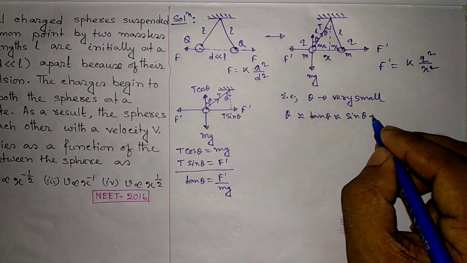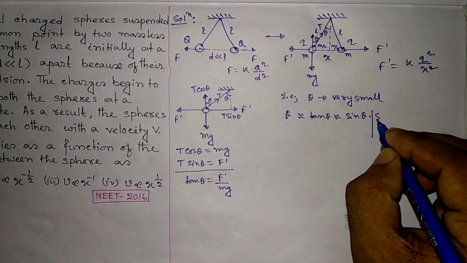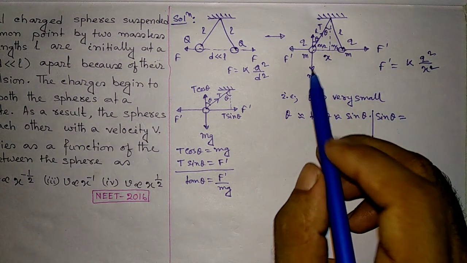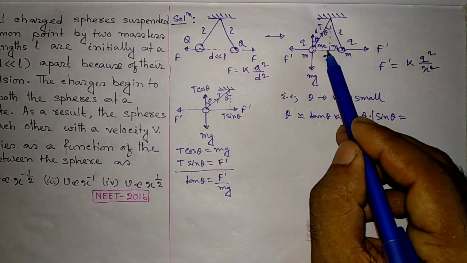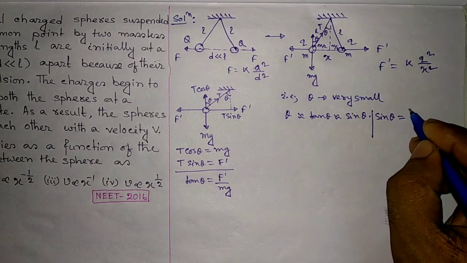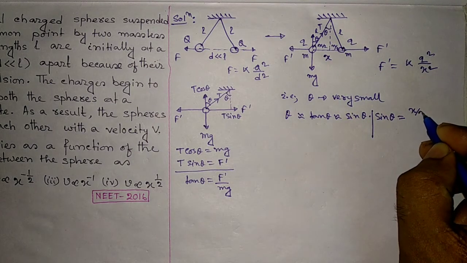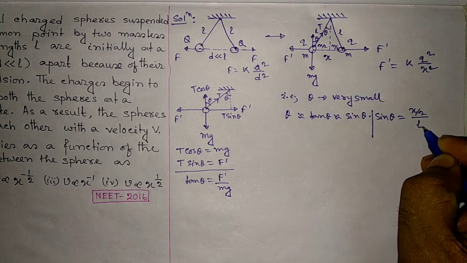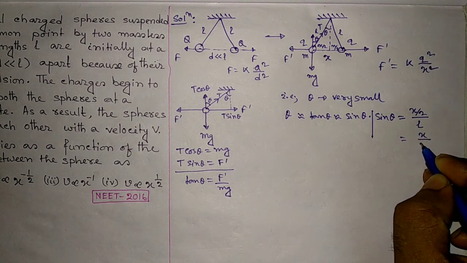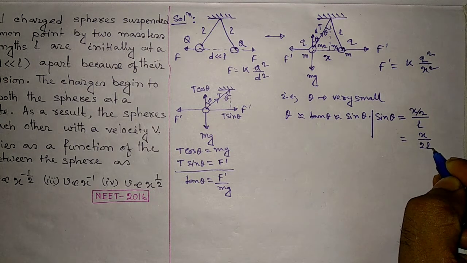Sin theta is perpendicular divided by hypotenuse, so x by 2 divided by L, which is equal to x by 2L.